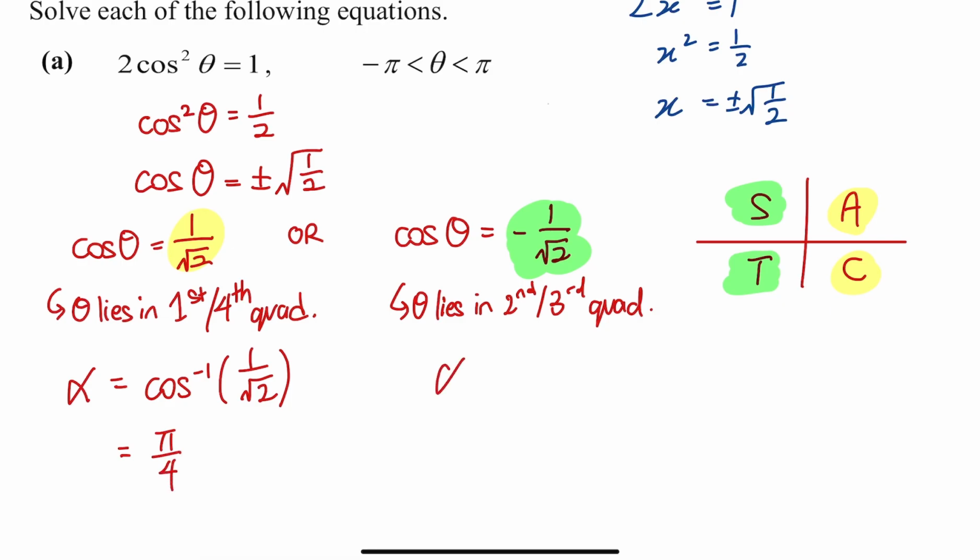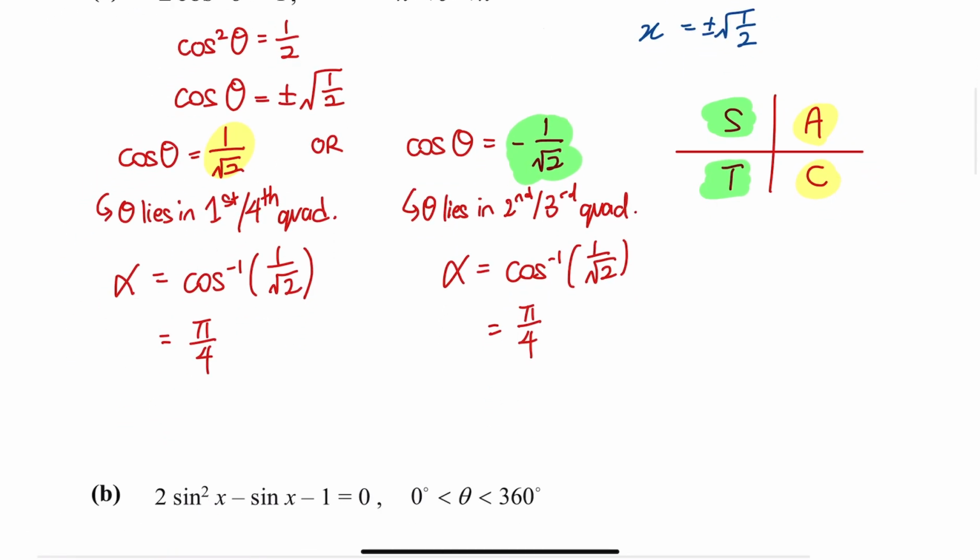Similarly, even though this is a negative value, remember, whenever I find the reference angle, I only take the positive value. So cosine inverse of 1 over root 2 is also equal to pi over 4. This means the angle can lie in the first, second, third, or fourth quadrant, and I have the same reference angle.